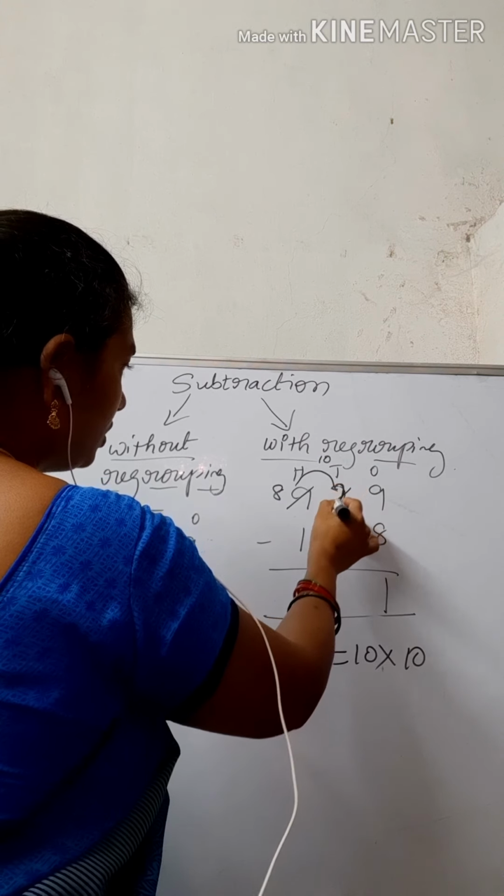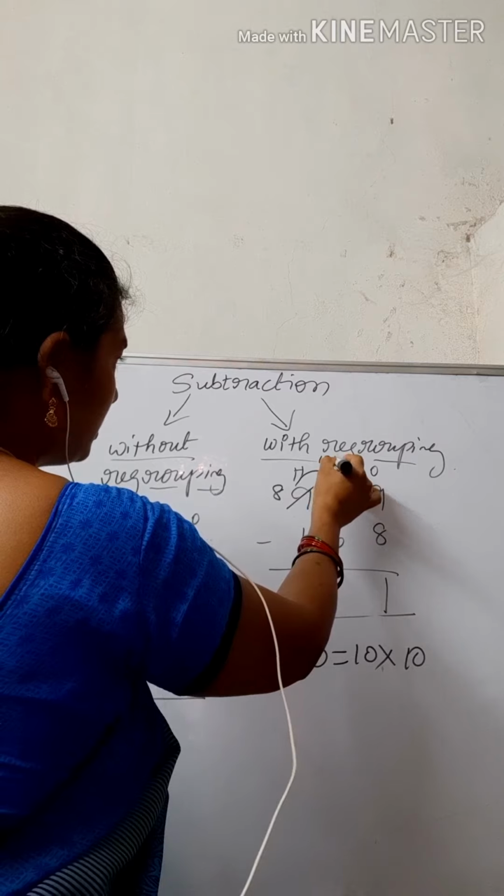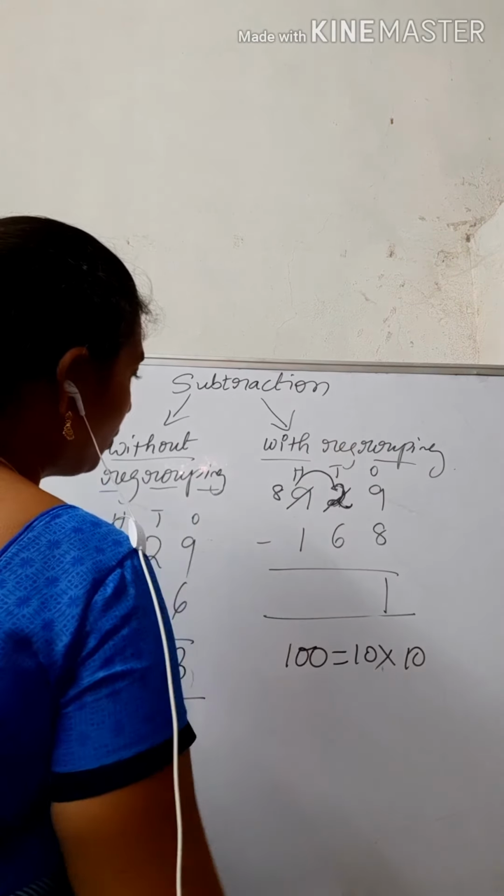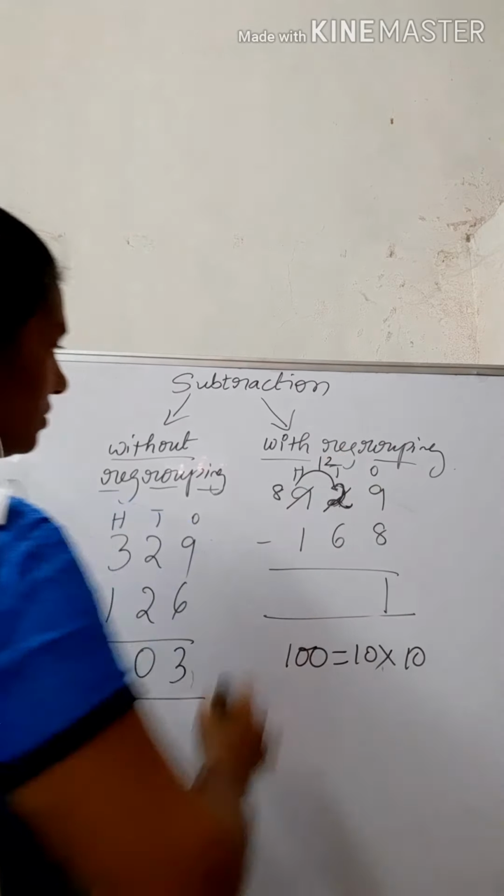So what do we have to do? These 2 tens we also have to add to this 10. Then how much? 12 will be there. So 12 minus 6 is possible now.